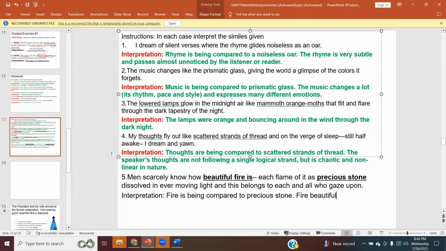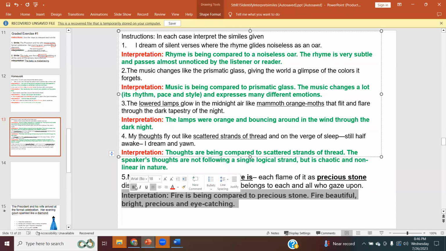Fire is bright. Fire is precious and eye-catching. All right, so that's the interpretation.